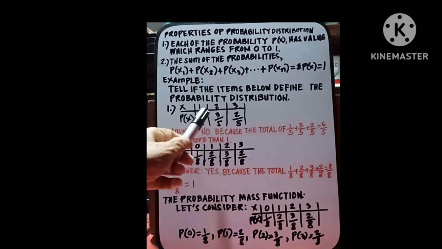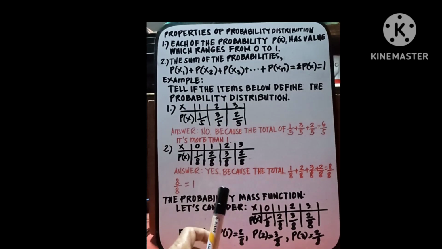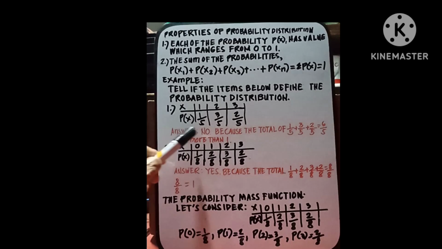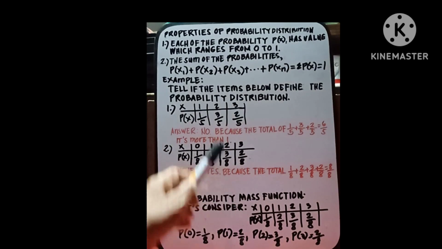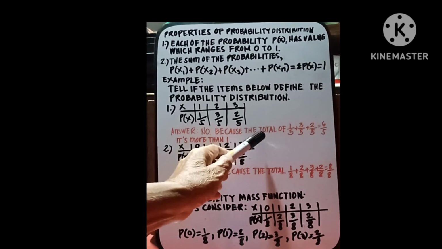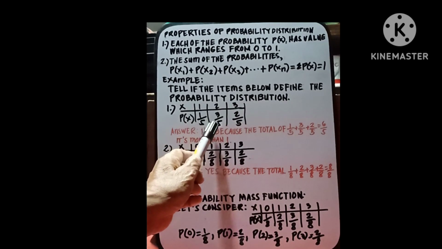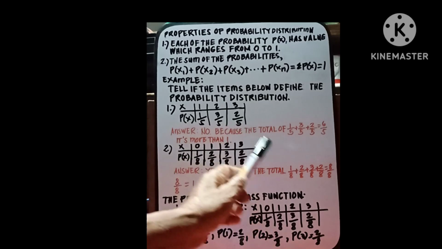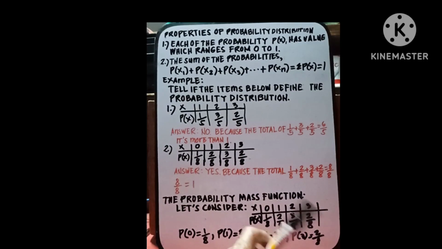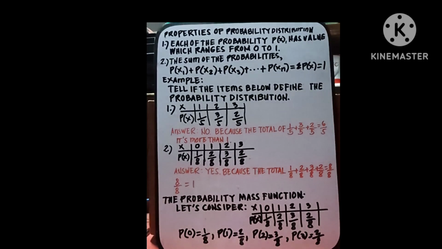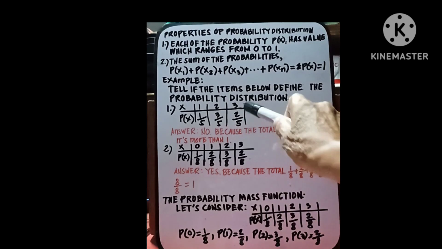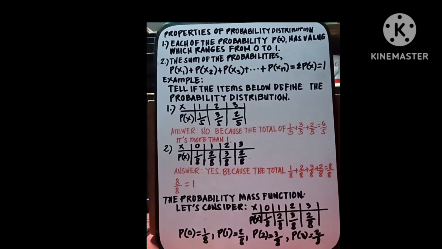Is this a table of probability distribution? The answer is no. Why? Because the total of 1/5 plus 3/5 plus 2/5 is 6/5, which is more than 1. So this is not a table of probability distribution.